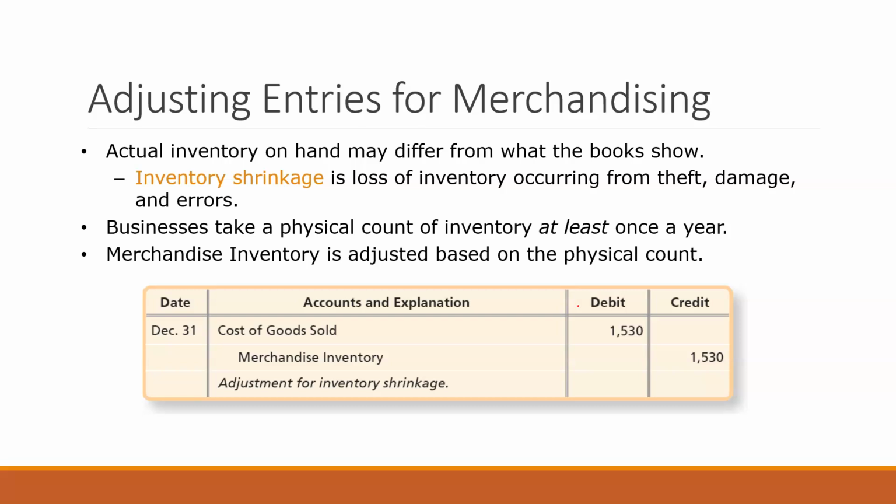You will see that several businesses are doing inventory right now and will have different signs up about inventory practices. If what you have in physical count does not match what is in your computer system, then you will need to do an adjusting entry for inventory shrinkage. So this happens from theft, damage, and errors.